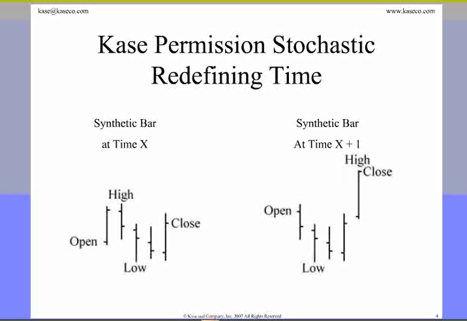For example, if you're going to filter a daily chart, you might use a weekly chart. If you're going to filter a 5-minute chart, you might use a 25-minute chart. The problem with that is, if you're using a 5-minute chart, you theoretically have to wait an additional 20 minutes to get a filter from the 25-minute time frame filter.